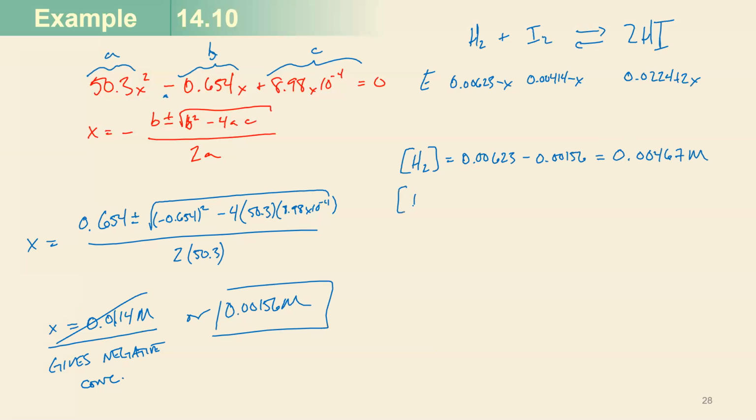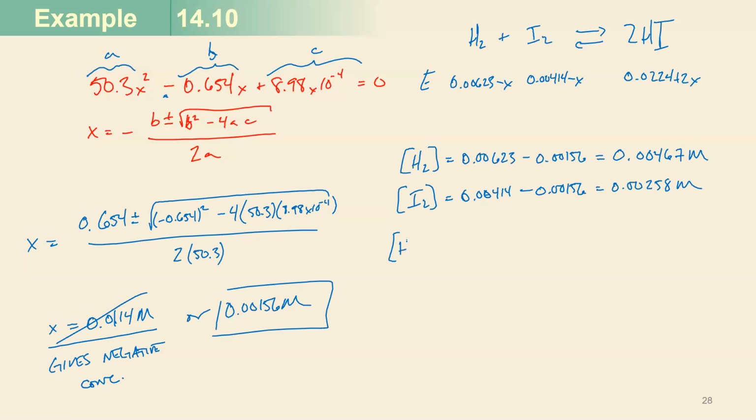For I2, 0.00414 minus 0.00156. That's 0.00258 molar.